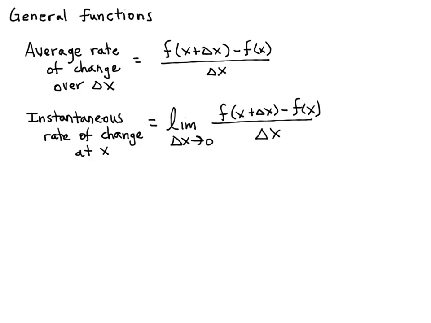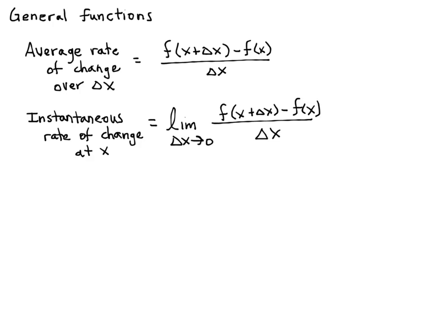Now, if I look at getting delta x to a really small time, let's say I'm driving. If I drive over an hour, I say, okay, I'm going to go this distance divided by 1 hour. I can look at my rate of change with shorter periods of time, 30 minutes or 15 minutes or 5 minutes or so.